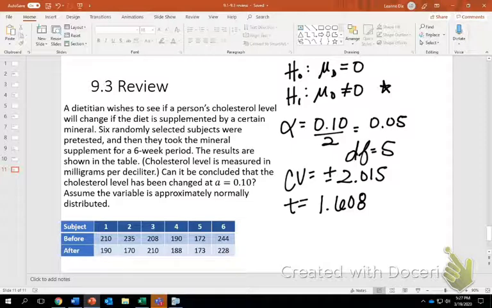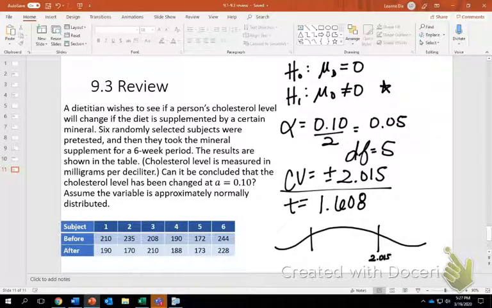So now I can draw my picture. My critical values are here. This is what determines where I'm shading. I have it on both sides, 2.015 and negative 2.015. I have to shade left and right of it because anything beyond these numbers is no longer valid.